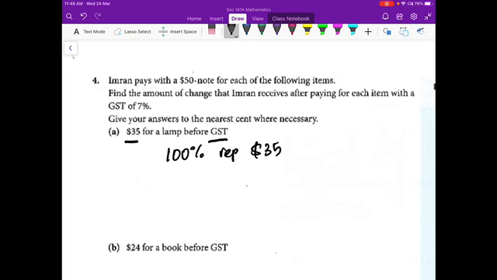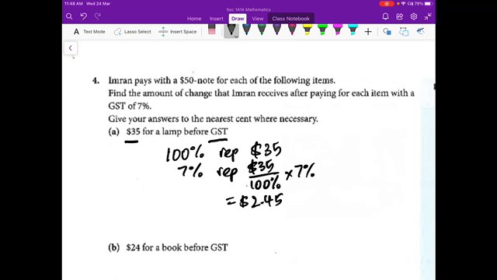Now we need to add another 7% GST, right? So 7% represents, for those of you who prefer method number 1, 35 over 100% times 7%. And you get $2.45. Okay, this is the GST.